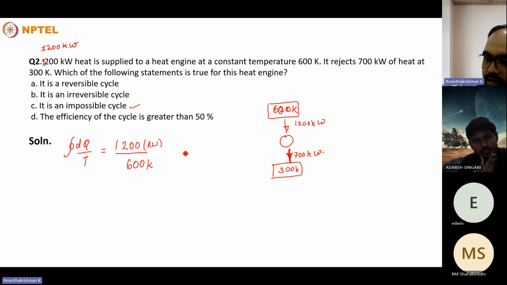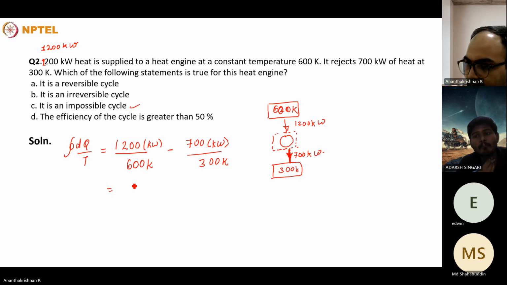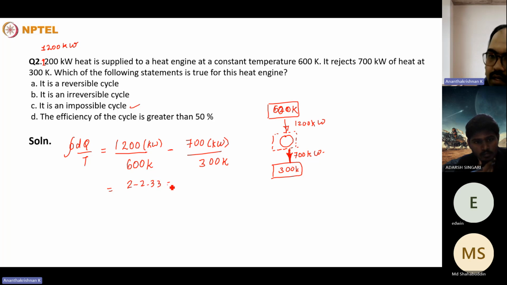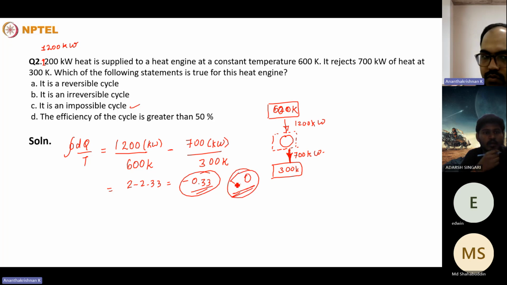Then the amount of heat rejected out of the heat engine, if you take a control volume over it, will be minus 700 kilowatt, delivered at 300 Kelvin. So when we calculate this, it will be minus 0.33, and this will be less than 0.